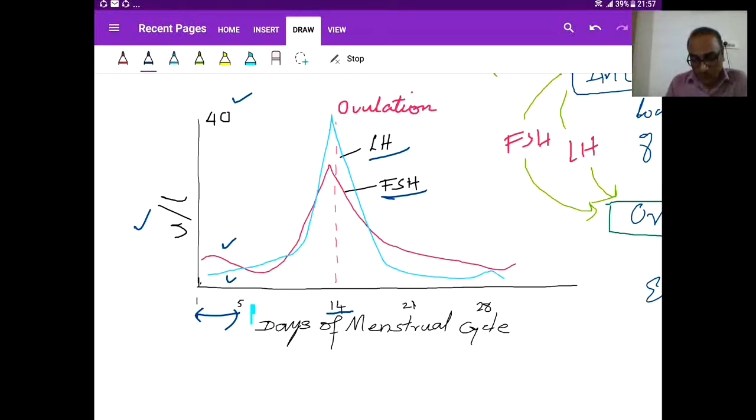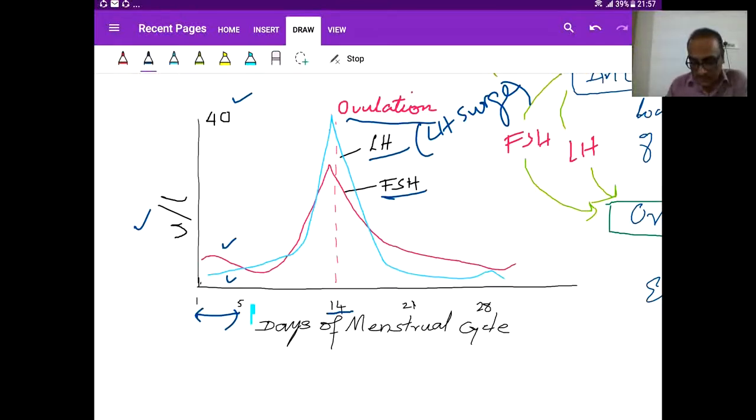Now this high or peak level of LH is called the LH surge, and this LH surge is known to trigger ovulation. So it will make the Graafian follicle rupture and release the oocyte, which is at the secondary oocyte stage. That is how ovulation is triggered by the increased level of LH.